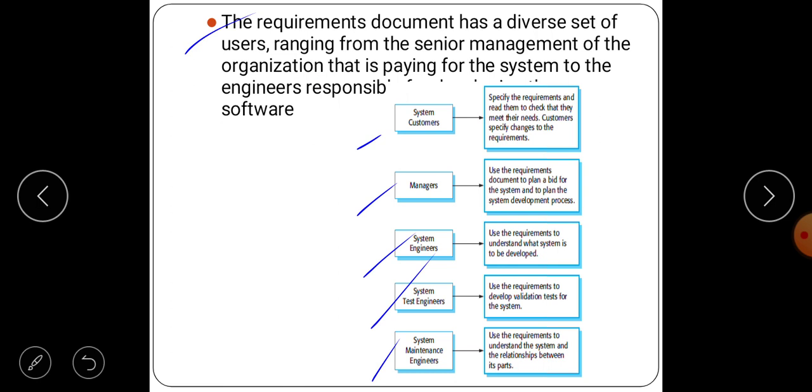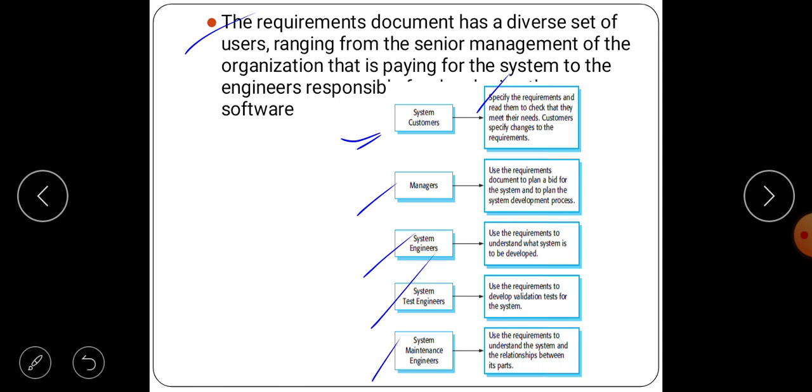Why will the system customer use this document? To specify the requirements and read them to check that they meet their needs. It means specifying the requirement and cross-checking that the system meets their needs or not. The customer also specifies changes to the requirements.